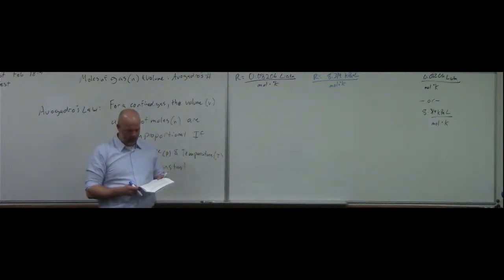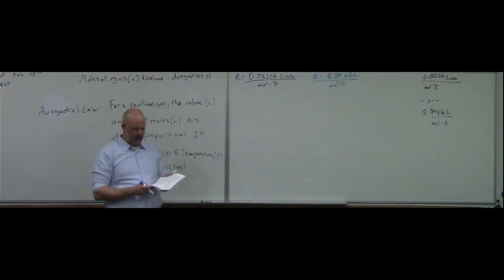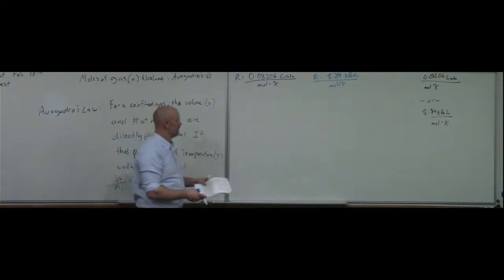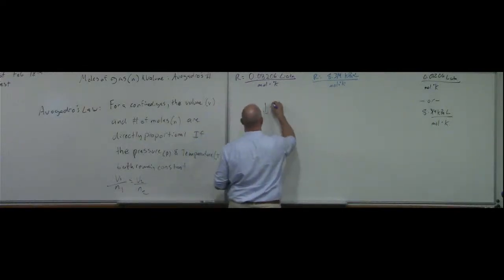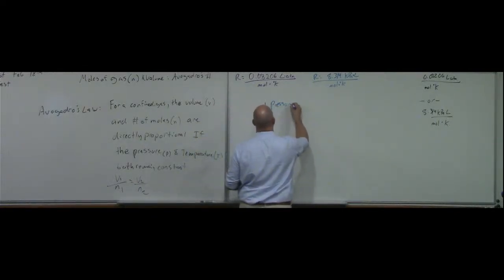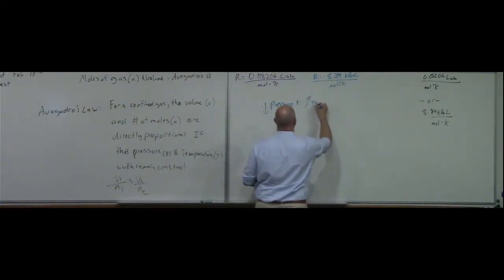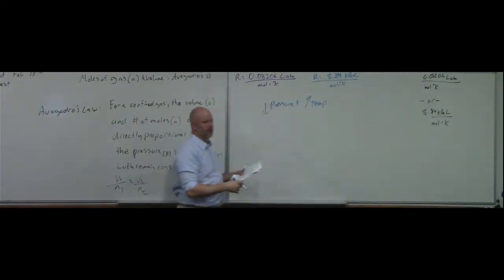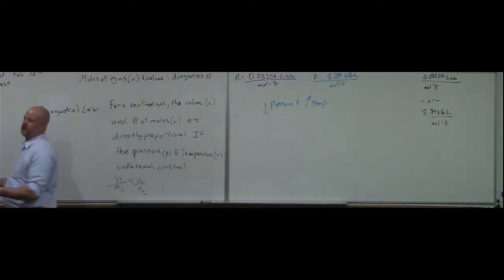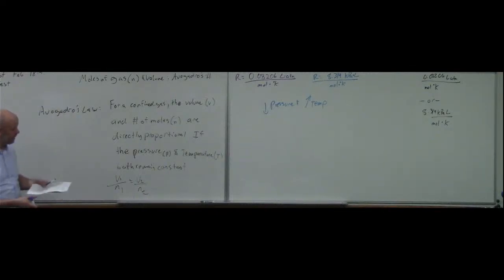Although all the calculations presented in this module assume ideal behavior, this assumption is only reasonable for gases under conditions of relatively low pressure and high temperature. The reason for this is that interactions between molecules will foul this up. At low pressure, you have fewer interactions. At higher temperature, they're moving too fast to sustain interaction, so it works well.